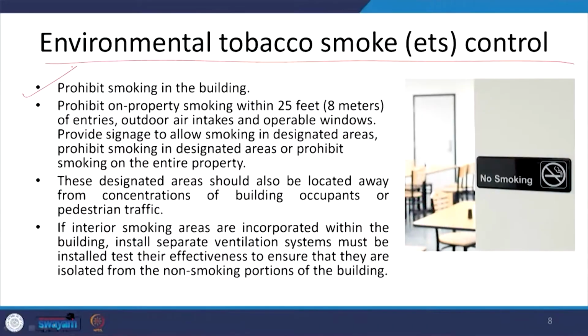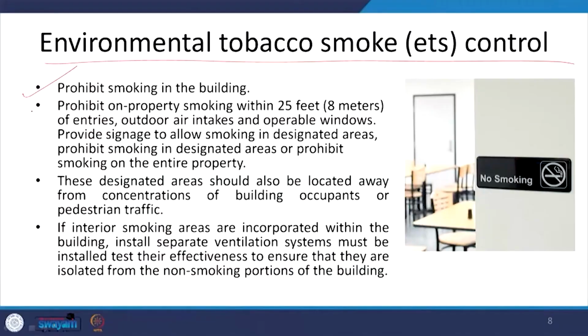The various steps: first, prohibit smoking inside the building if possible. Besides this, we also prohibit smoking on the property within 25 feet of entries, outdoor air intakes and operable windows. So, even outside the building, on the property, smoking should be prohibited.